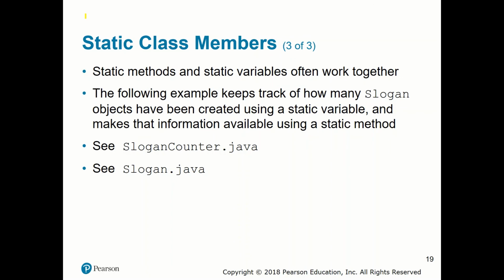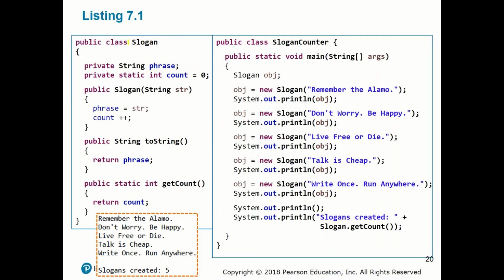Now let's look at the code example from the textbook. Sometimes static methods and static variables work together, because static methods can only use static variables. We will see the example from the textbook of Slogan objects. Here, class Slogan has two data members, String phrase and static int count.